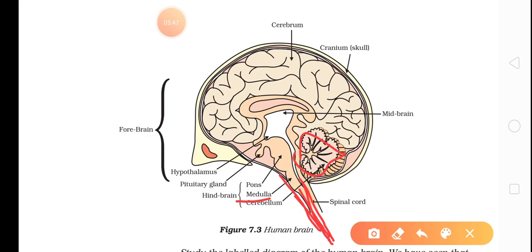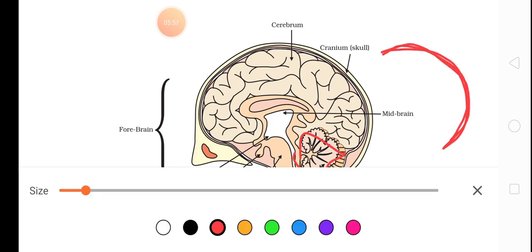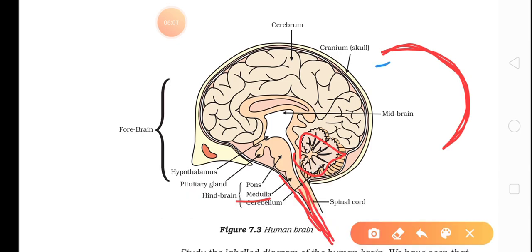So we can say here that we have a skull which is very hard, and below it we have the cerebrum, which is a highly folded structure.